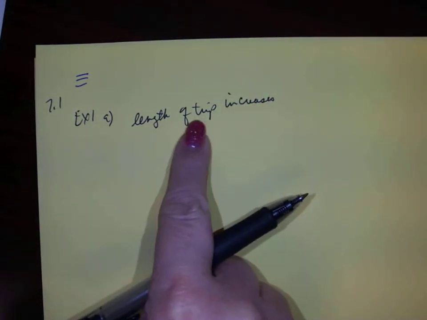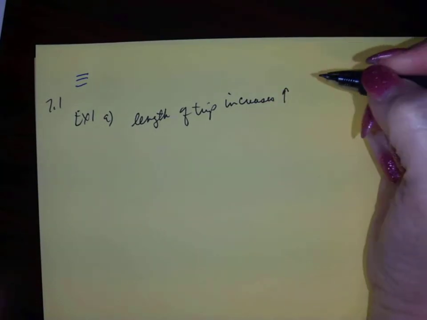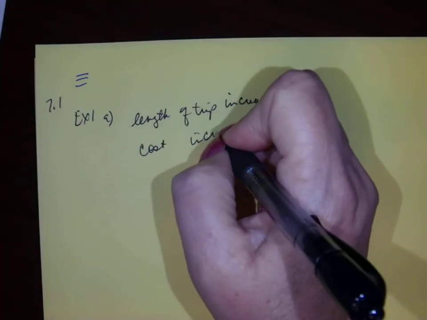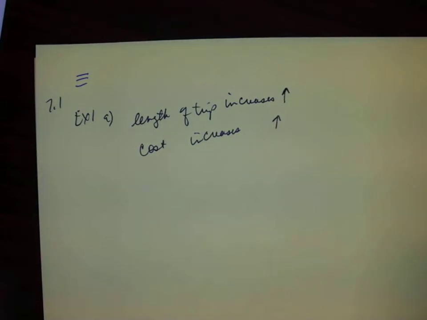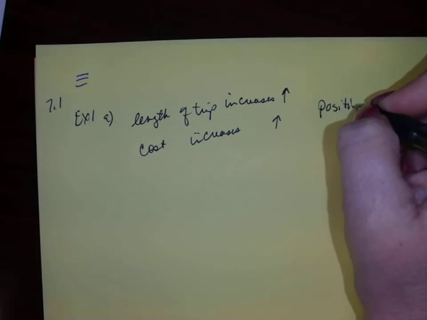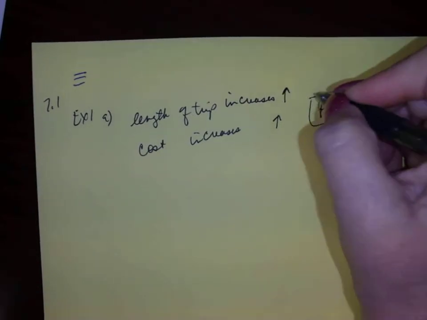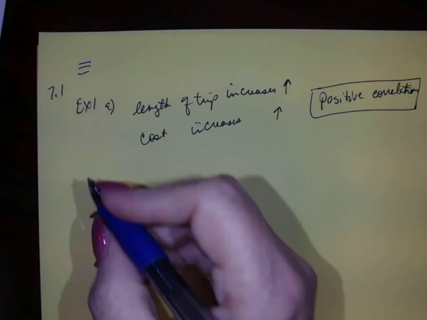So as the length of my trip goes up, so we're talking about an increase, the cost increases, right? So they both go up. So if they both go up, then that's going to be a positive correlation. Positive correlation. They both went up. All right, let's look at B.